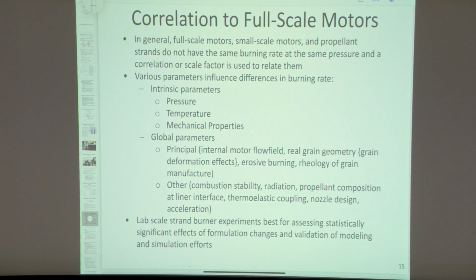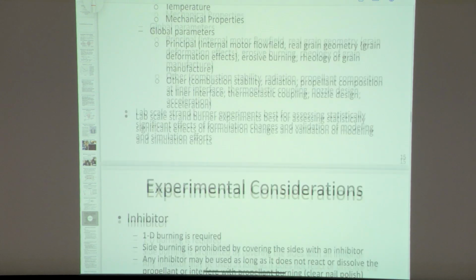Propellant composition at the liner interface, thermoelastic coupling, nozzle design, acceleration, and things like that of a real system versus a subscale motor. So lab scale strand burner experiments are best for assessing statistically significant effects of formulation changes and validation of modeling and simulation efforts. So it's one step beyond the strand.